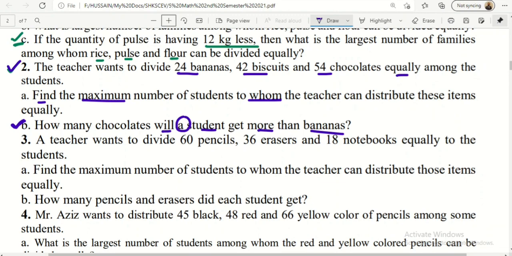Again, we read the question: how many chocolates will a student get more than bananas? So how many bananas will each student get? Each student will get 24 bananas divided by 6.